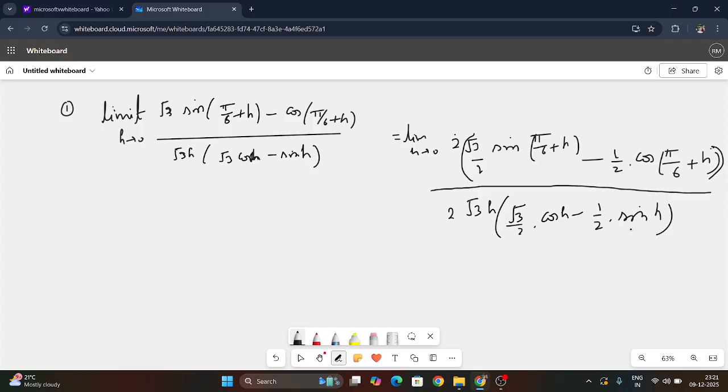Now you have to understand what root 3 by 2 and 1 by 2 are.